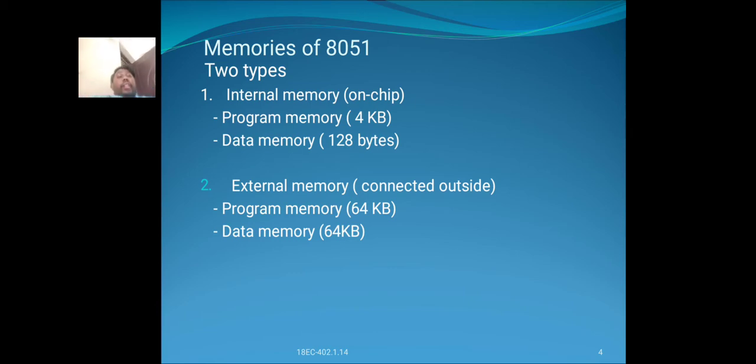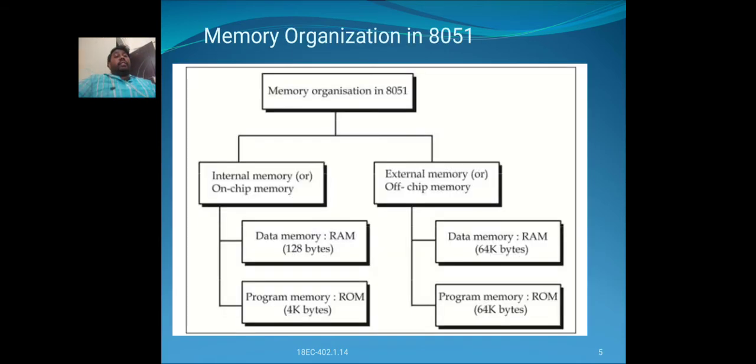In the memories of 8051 we have two types, internal memory and external memory. Internal memory, on chip: the program memory is 4 kilobytes and the data memory is 128 bytes. The external memory is connected outside: the program memory is 64 kilobytes and the data memory is 64 kilobytes.